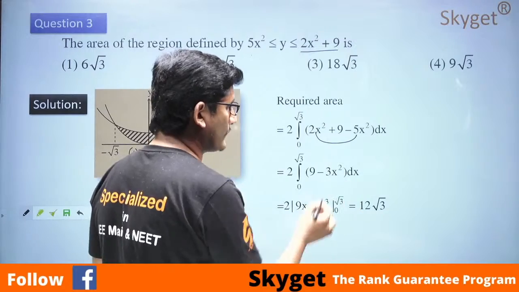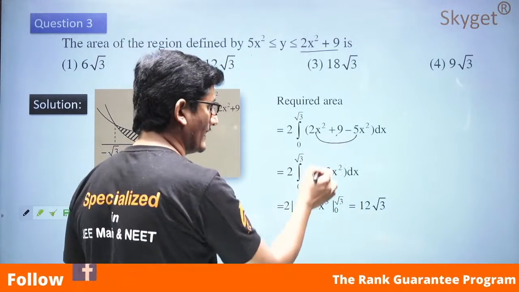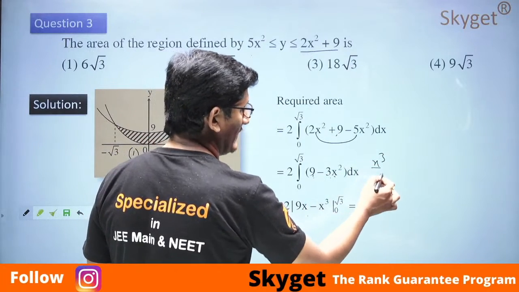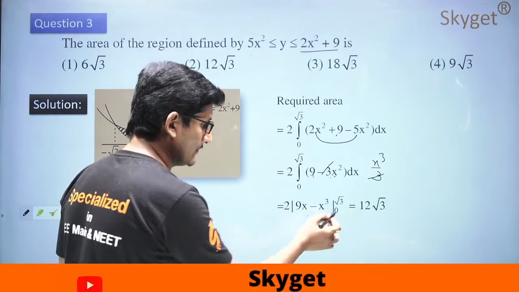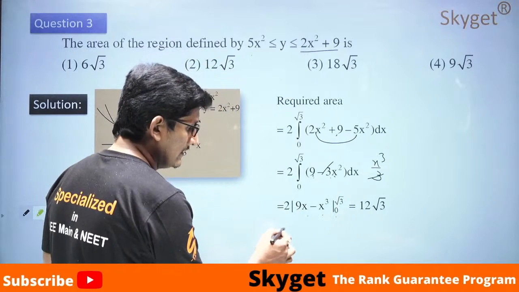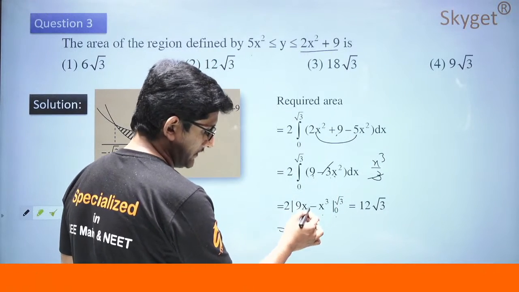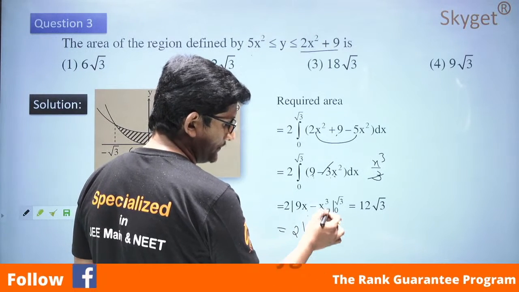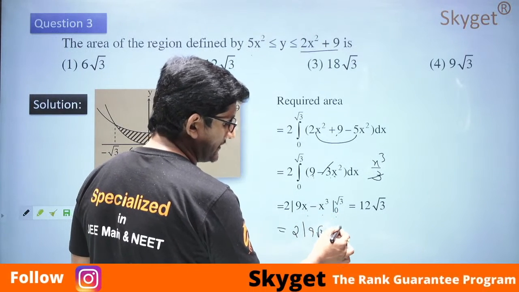So 2x square minus 5x square is minus 3x square, 9 written as it is. So we can write 9x minus 3x square integrated as x cube by 3. The 3 gets cancelled, we get x cube. What are the limits? 0 and root 3. So 2 times of 9 into root 3, the upper limit, minus root 3 whole cube. Root 3 whole cube we can write as 3 root 3.